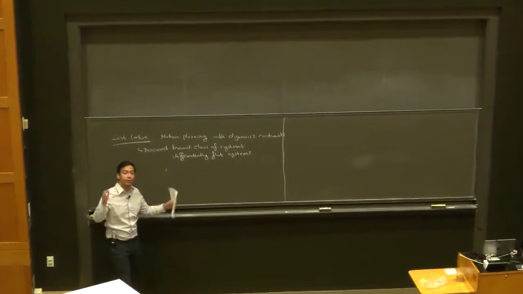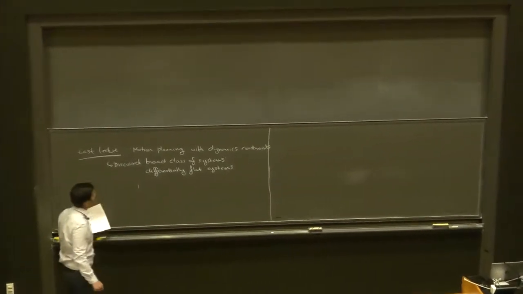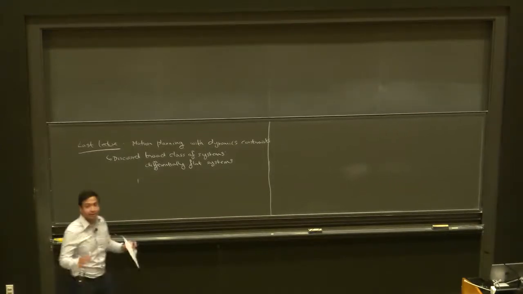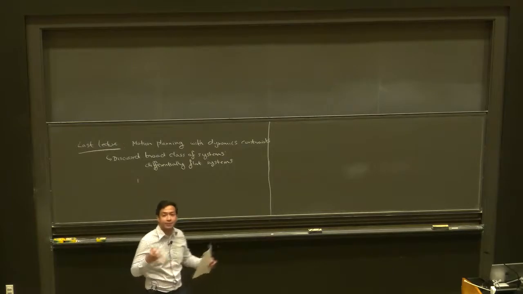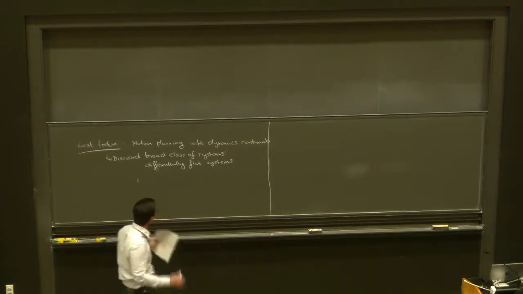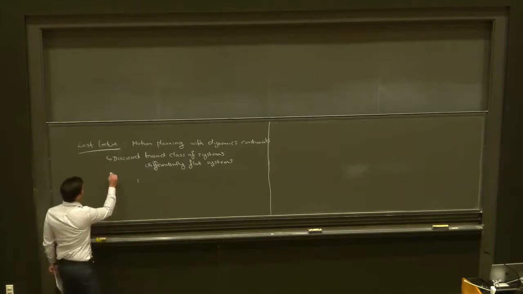The full 3D quadrotor dynamics also satisfy this property of differential flatness. The general definition of differential flatness might look a bit abstract and intimidating, so I want to highlight the main intuition behind it.